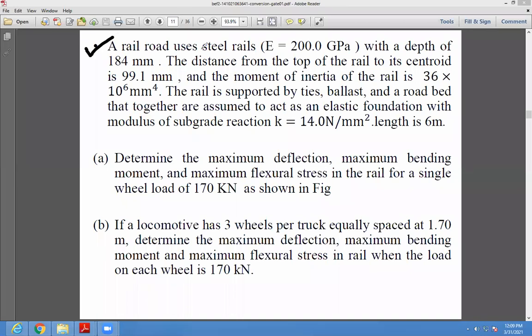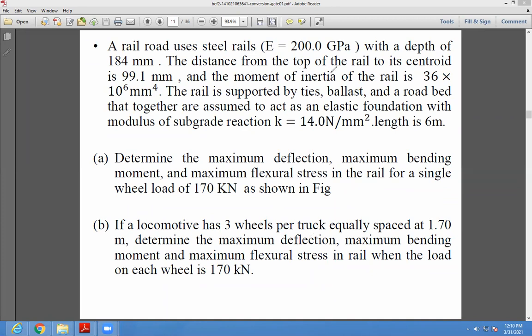A railroad uses steel rails where modulus of elasticity is equal to 200 GPa, with a depth of 184 mm, full stop.